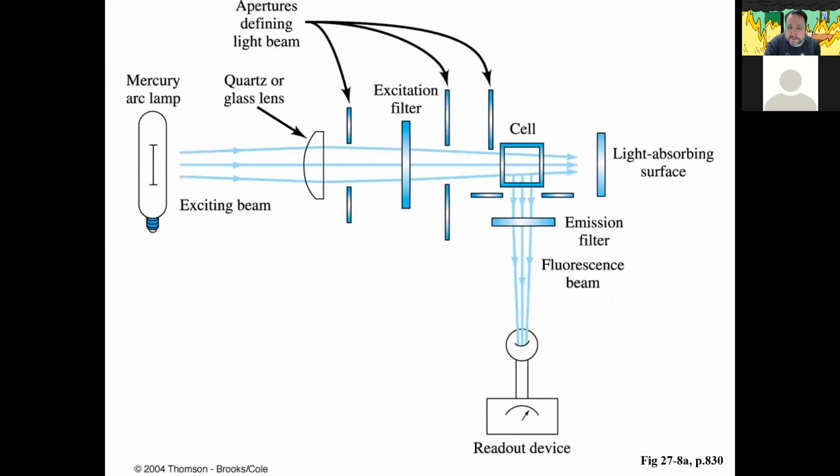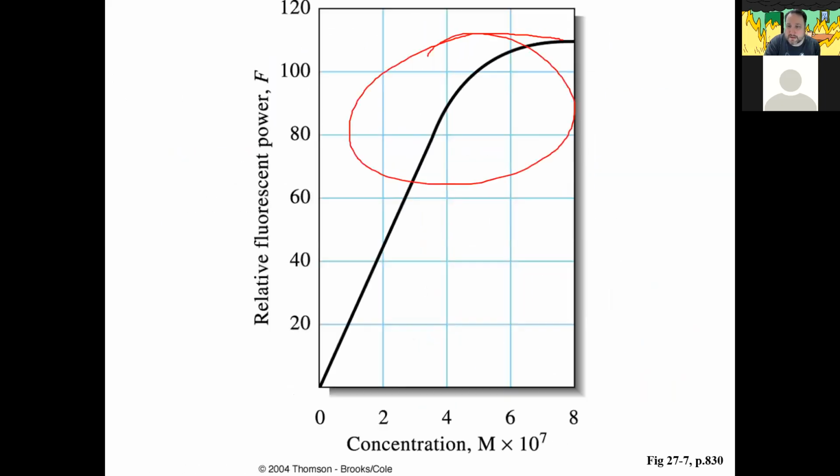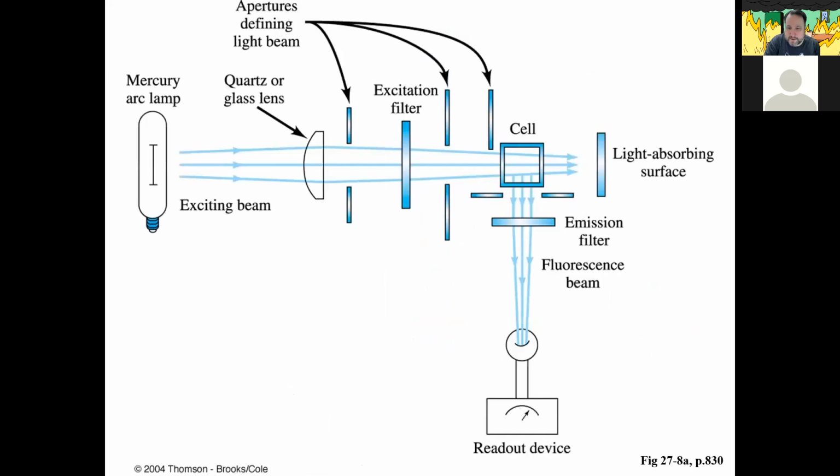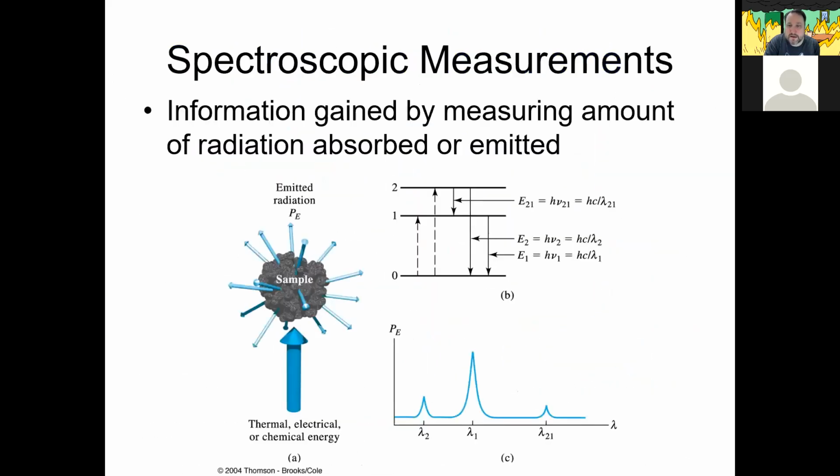Okay, and then fluorescence. Explain what's happening here. Be able to draw one of these. Okay. And one more, and that's our separations.